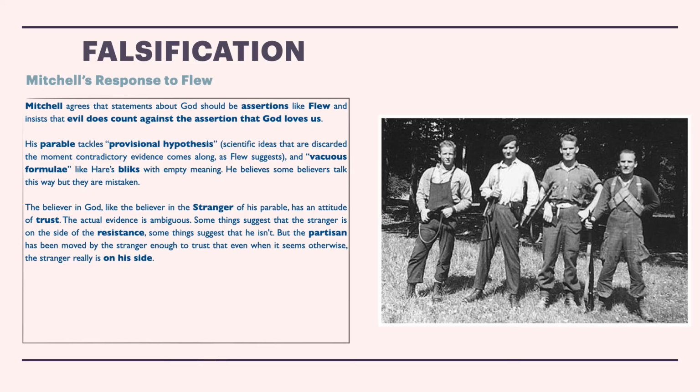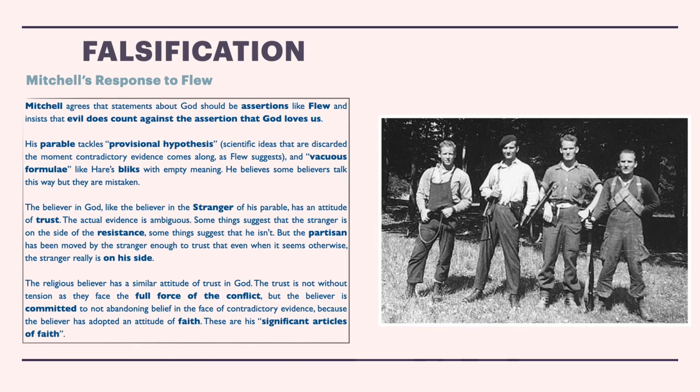He encounters the stranger enough to trust that even when it seems otherwise, the stranger really is on his side. Now let's segue to discuss a religious believer who has a similar attitude of trust in God that the partisan has in the stranger. This trust is not without tension.